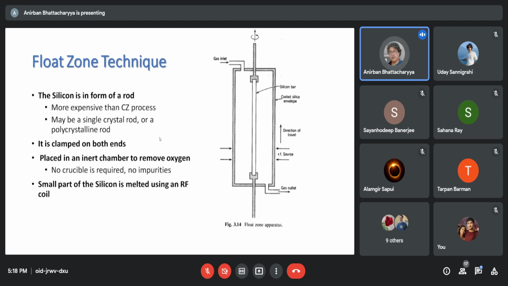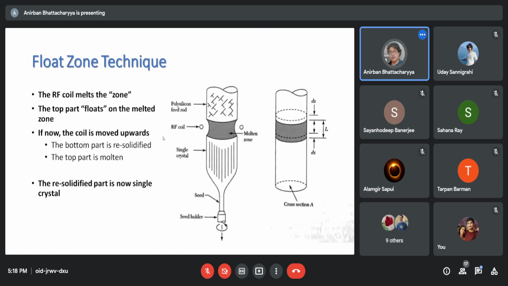Now the main part is, can you see the RF source somewhere? This RF source is basically a way to heat up by induction a very small portion of the silicon rod and heat it up to the point where it melts. That is the most important point. We will melt a small portion of the silicon rod. Now here comes the picture. Can you see the rod with the molten part?